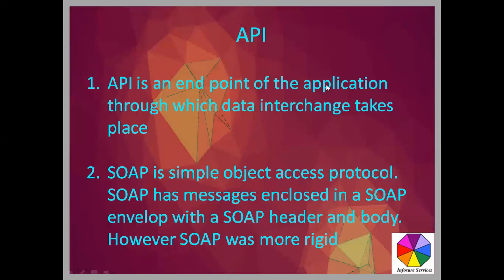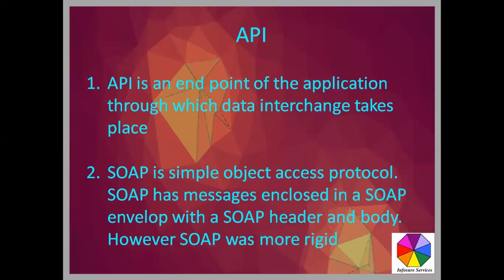API is an endpoint of the application through which data interchange takes place. Some service is being provided, and it gives a URI or a URL where that resource is, and you become a subscriber to that resource. So that is a resource and the endpoint is a URI.